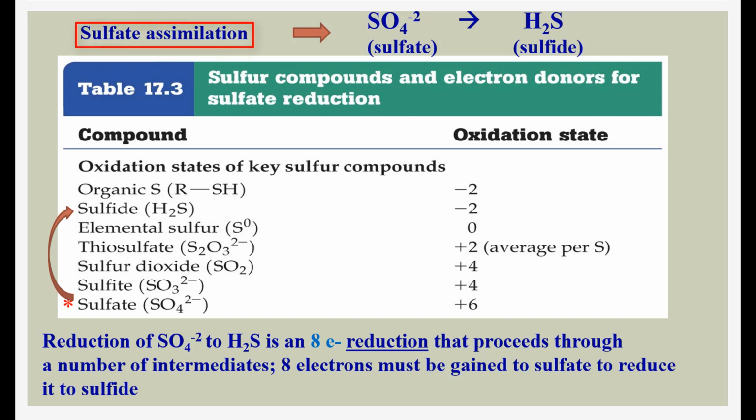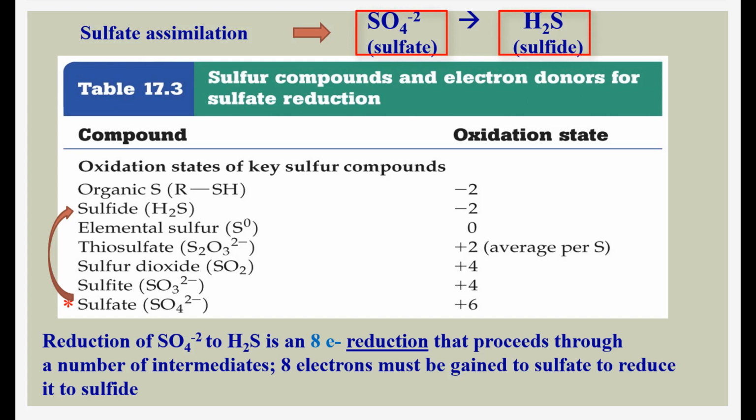Let's take a look at the sulfate assimilation. Sulfate assimilation begins with sulfate, and sulfate here is going to be assimilated by the cells or used as a nutrient source. So sulfate enters the cells and gets reduced to hydrogen sulfide. Recall that a reduction reaction involves a gain of electrons and protons. So if we want to know how many electrons must be gained by sulfate to be reduced to hydrogen sulfide, you'll have to know the oxidation states of sulfate and hydrogen sulfide.